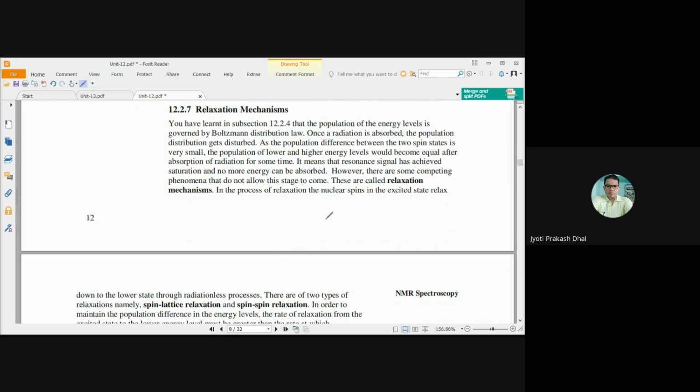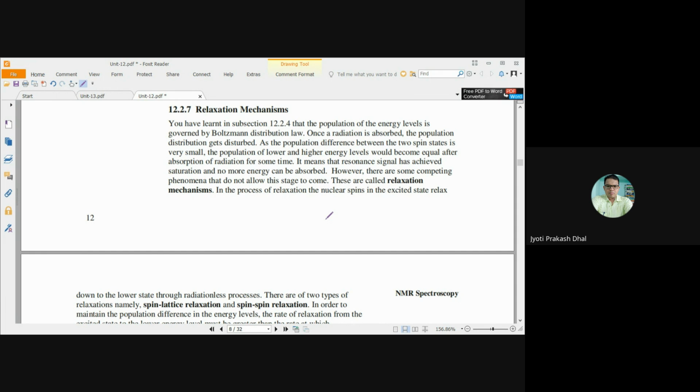As the population difference between the two spin states is very small, approximately 2 for the proton, the populations of the lower and higher energy levels become equal after absorption of radiation for some time. When the populations of the two energy states are equal, it gets saturated and no more energy will be absorbed.